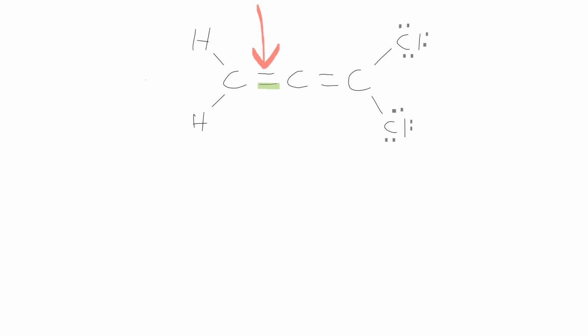Pi bonds we describe as an overlap of unhybridized p orbitals. So that localized pi bond is a result of the overlap of an unhybridized p orbital from the carbon on the left overlapping with an unhybridized p orbital from that central carbon.